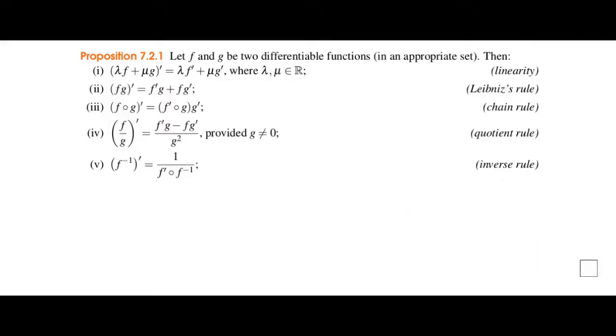These proofs are all very similar, right? It's just applying the definition of the derivative and then doing some algebraic manipulations. Okay, the derivative of this function f times g at a is just the limit when x goes to a of f(x) times g(x) minus f(a) g(a), divided by x minus a.